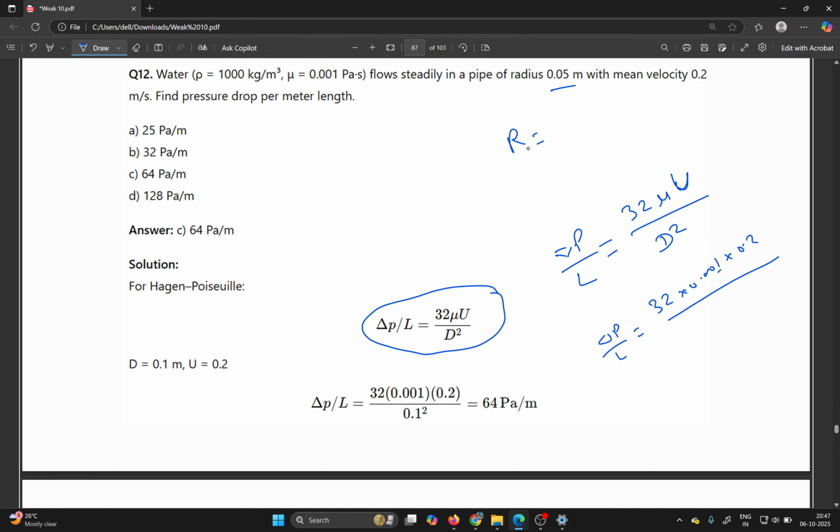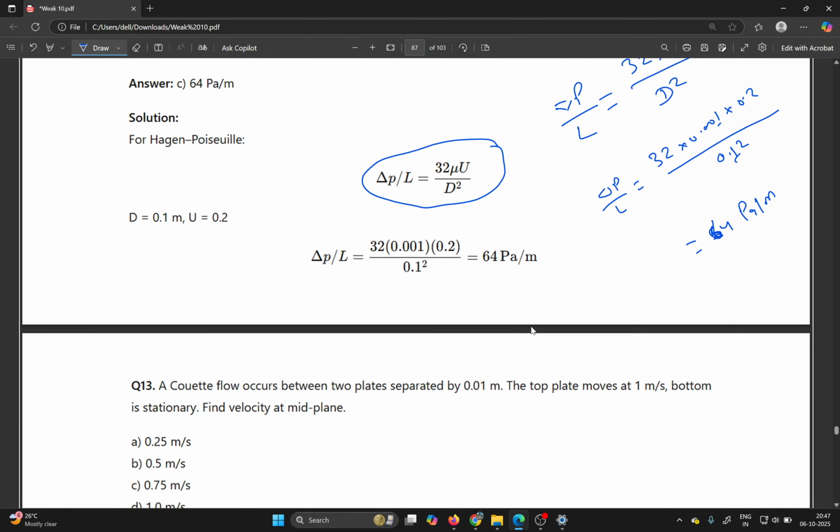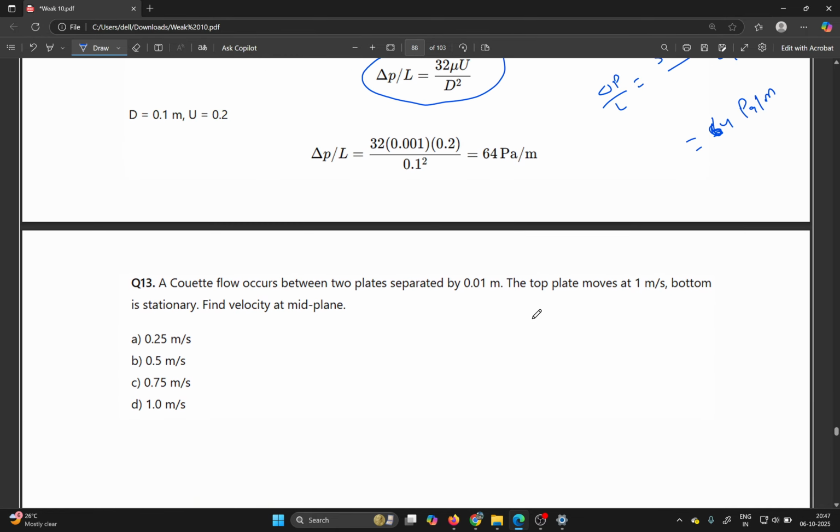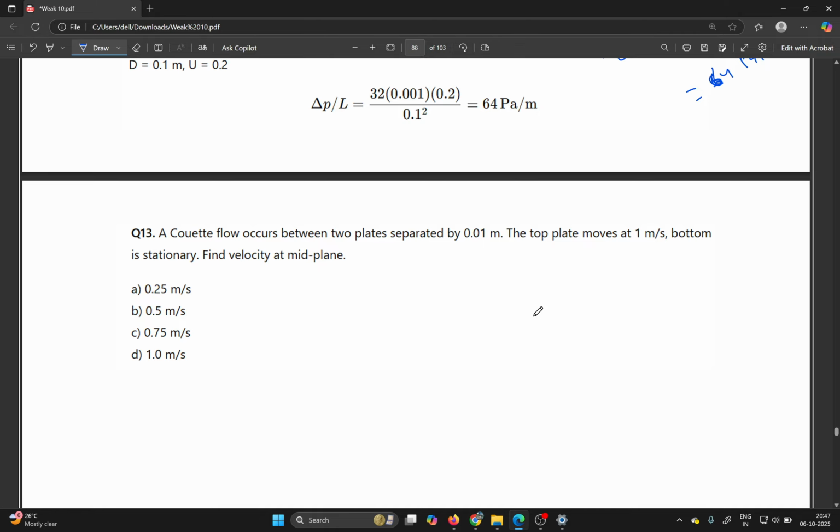Radius is d by 2, so diameter is 2r, so you will get 0.1, not 0.01. So that's why here 0.1 square for d square. After calculation you will get 64 Pascal per meter. Remember.